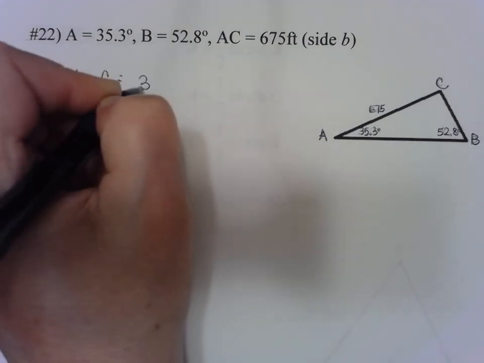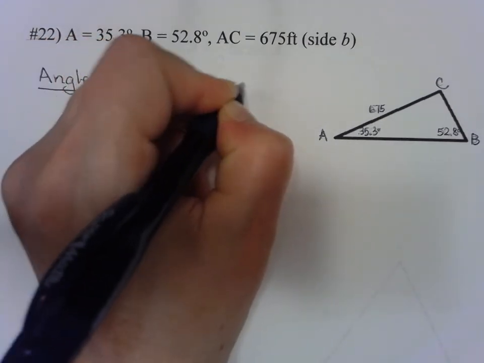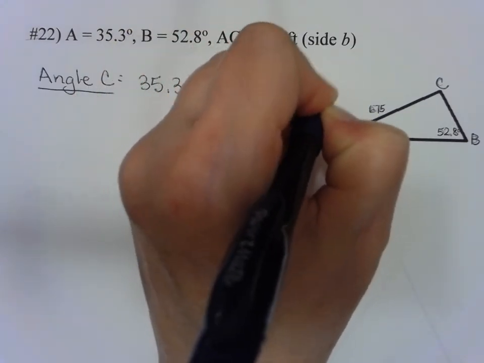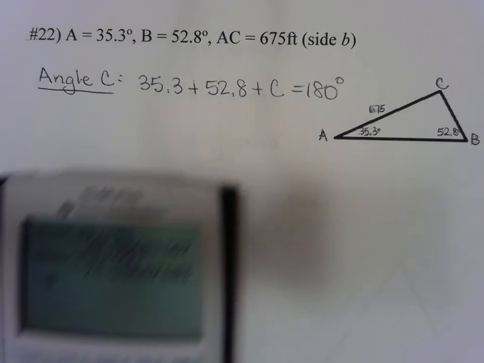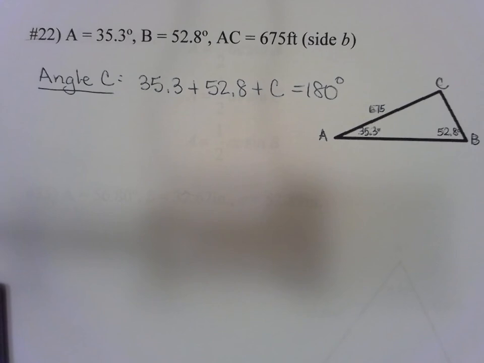So 35.3 plus 52.8 plus C equals 180. So if I add those together, I get 88.1.